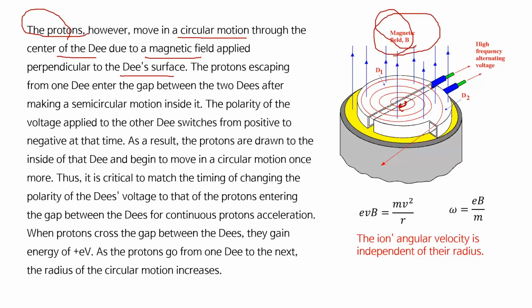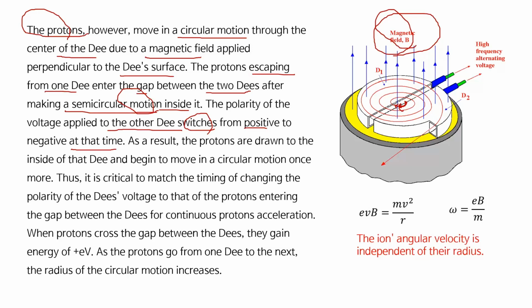The protons escaping from one D enter the gap between the two Ds after making a semicircular motion inside it. So protons make a semicircular motion and enter the gap between two Ds. The polarity of the voltage applied to the other D switches from positive to negative at that time.